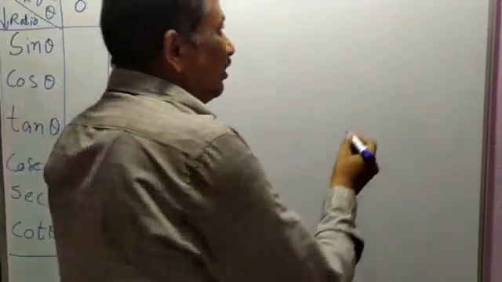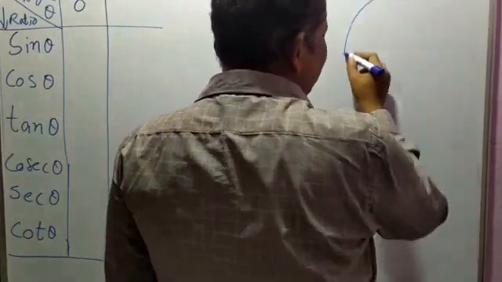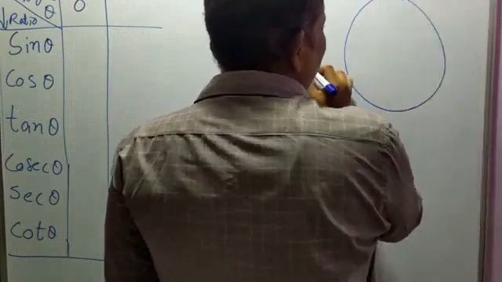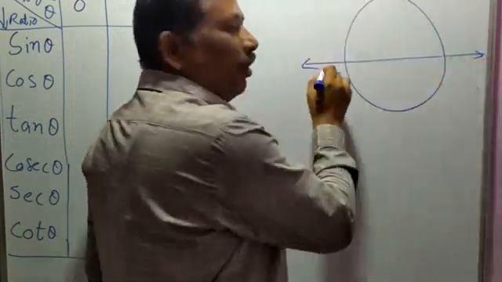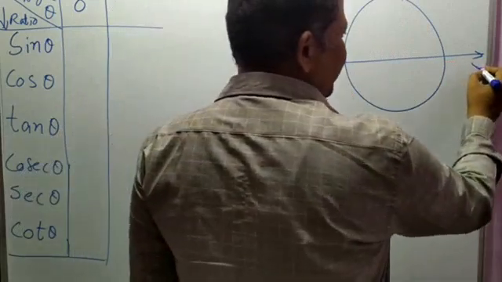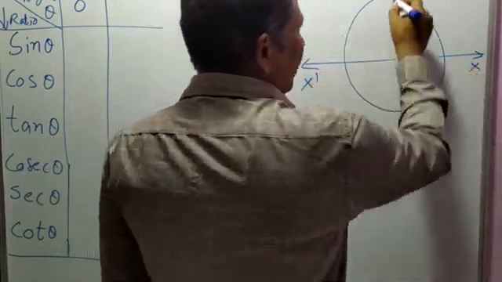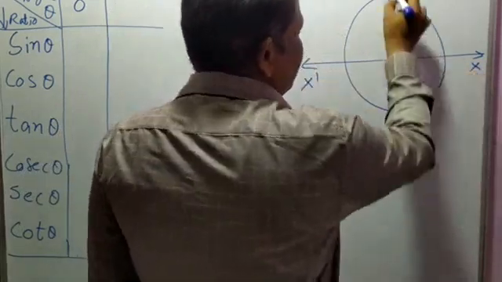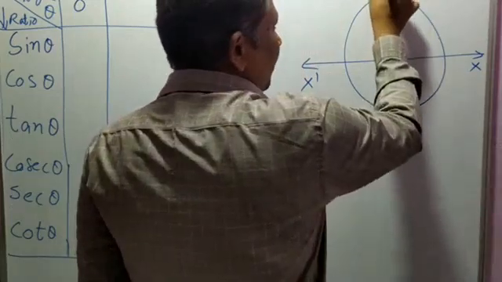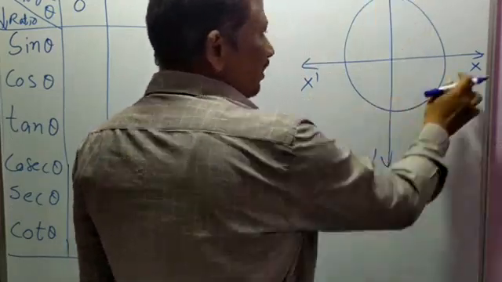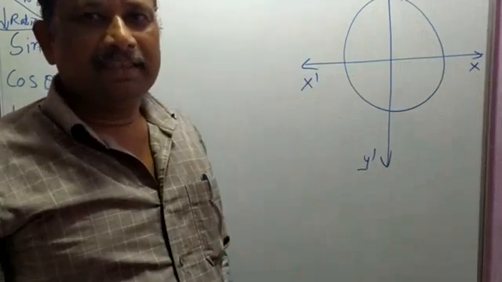For that, I am going to consider a coordinate plane. This is the x-axis and this is the y-axis, with x dash as the negative x-axis.